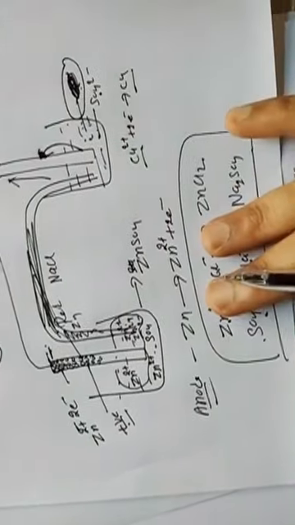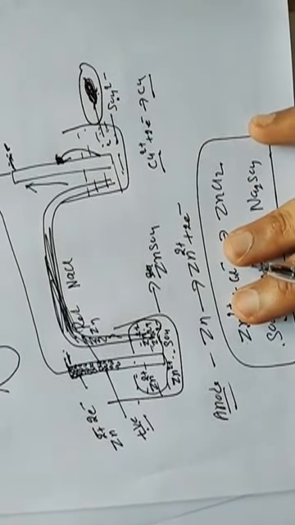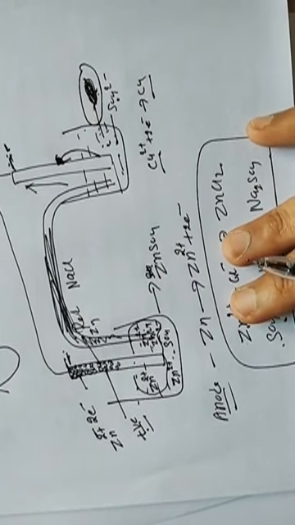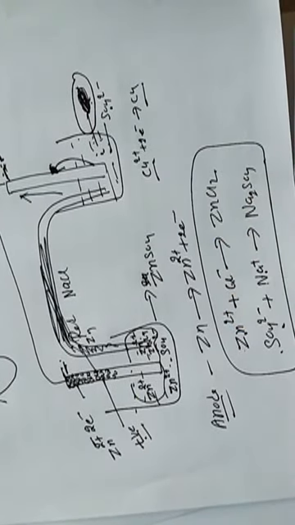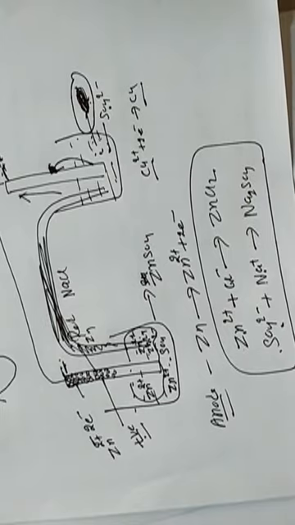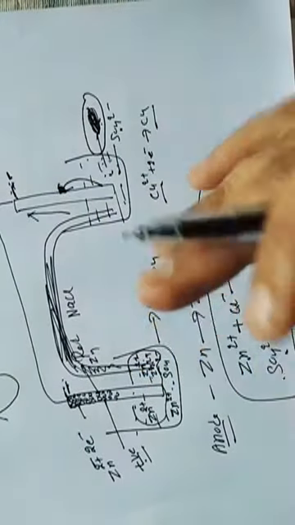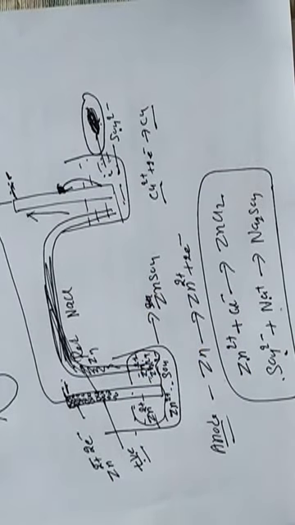So the main question which can come in the +2 class or in the board, it was there this year also, is: give two functions of salt bridge. This type of detailed explanation they will not ask, they will only say give two functions of salt bridge.